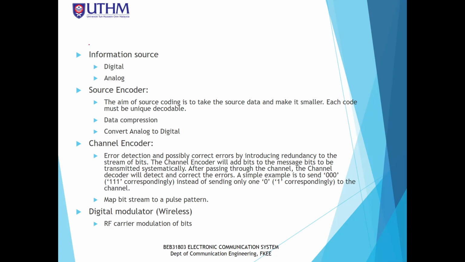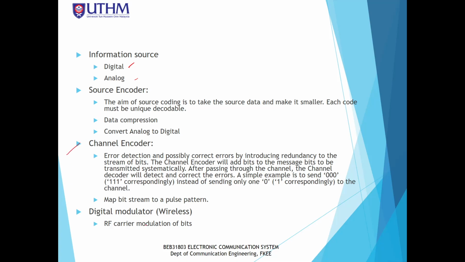So this is the description. The information source can be analog or digital. The source encoder is here to make the data smaller, as I mentioned earlier. The channel encoder is for error detection and error correction. We do the encoding process and add additional bits to the data.